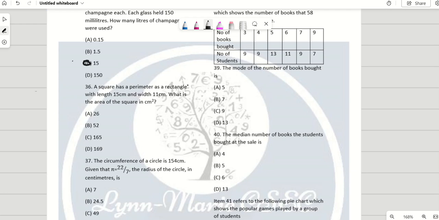So we know that the perimeter of your rectangle would be 2 lengths, which is 2 times 15 is 30, plus 2 widths, which is 22. Right? That is 52.